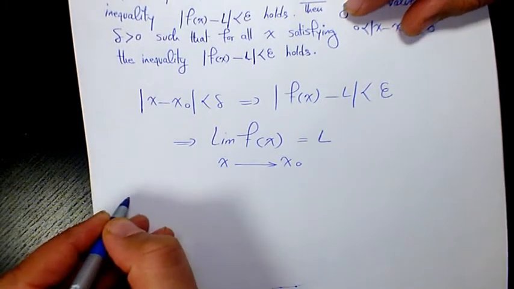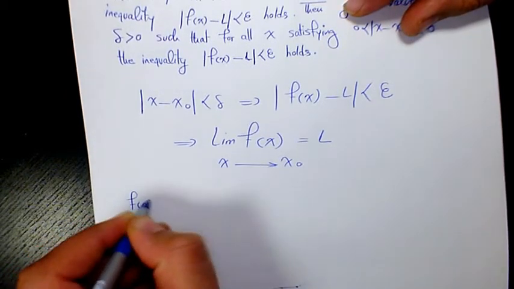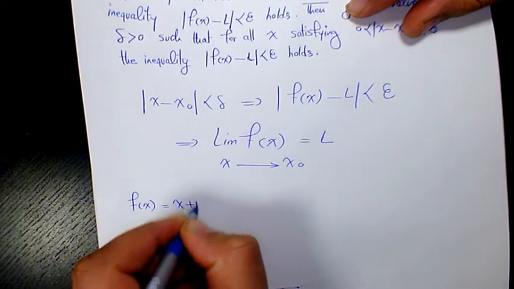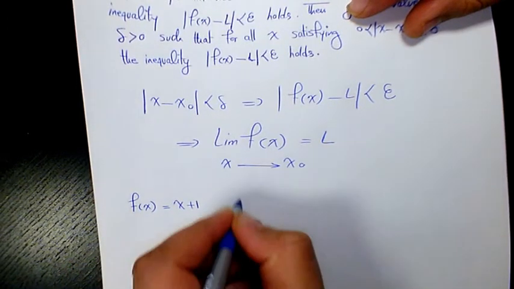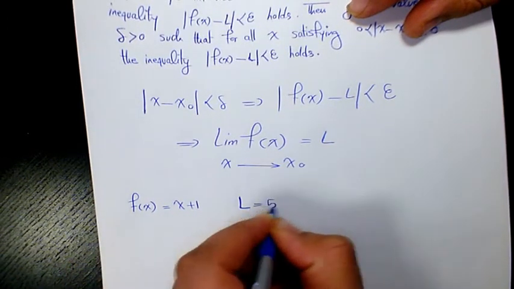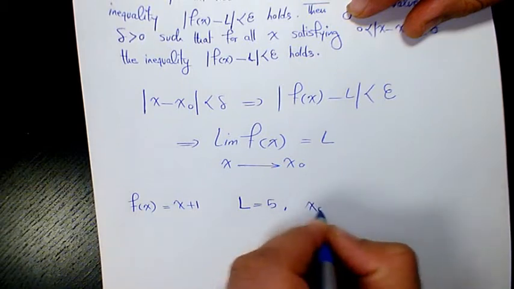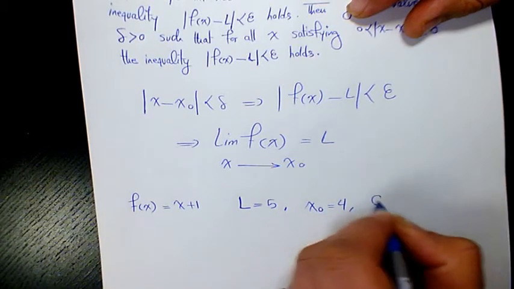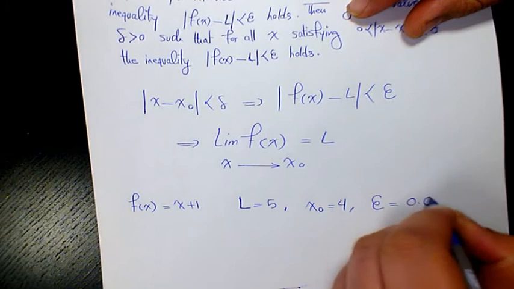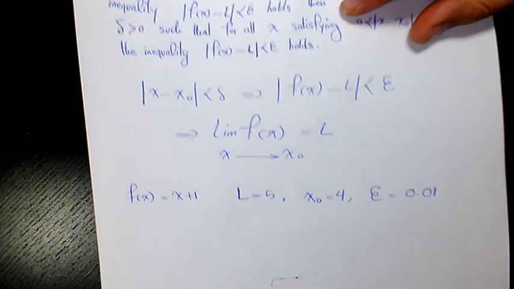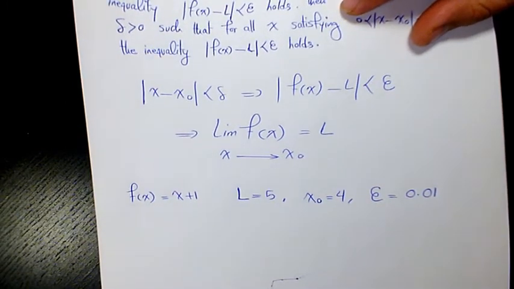It says f of x is x plus 1 is the function, L is 5, x naught is 4, and epsilon is 0.01. We need to find out delta.